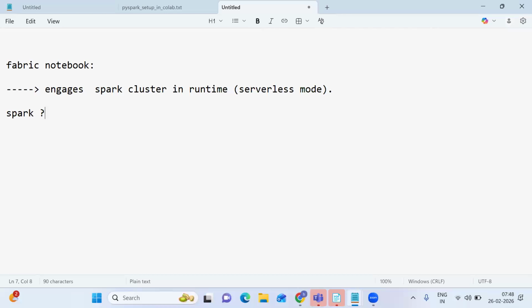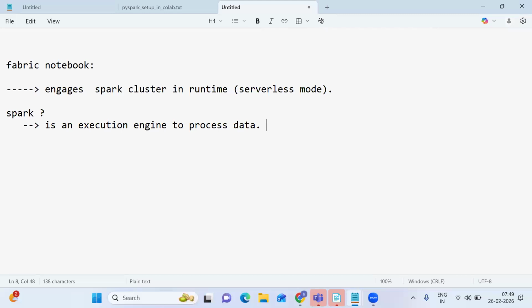That means Spark, remember, is not going to store any data. It is only meant for execution, that means data processing. So simply, Spark is an execution engine to process data.